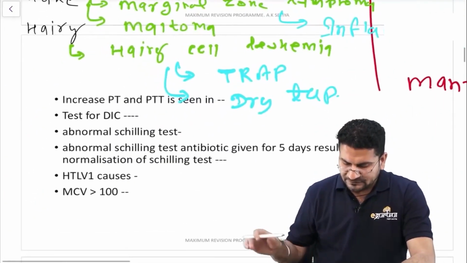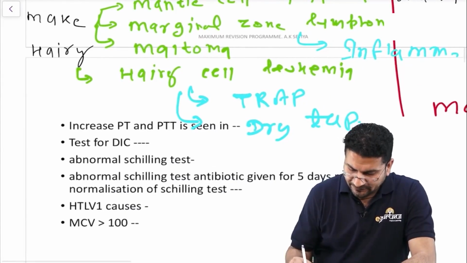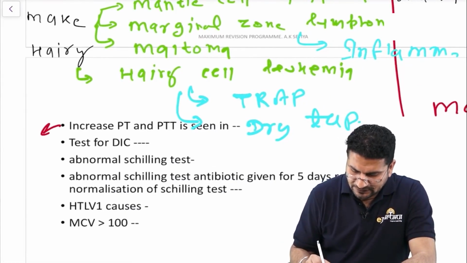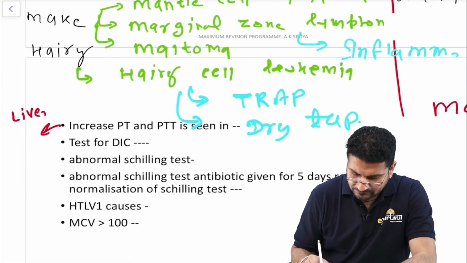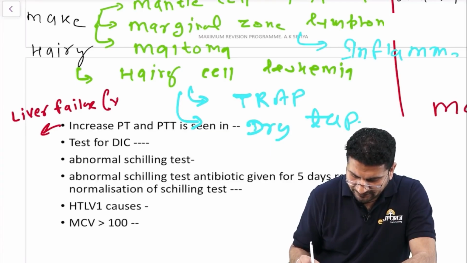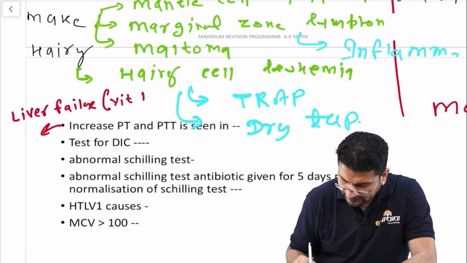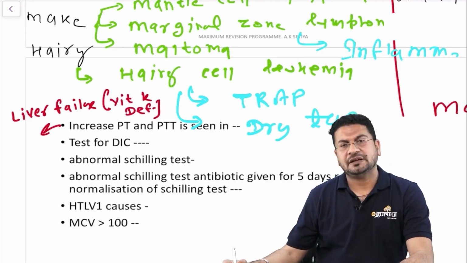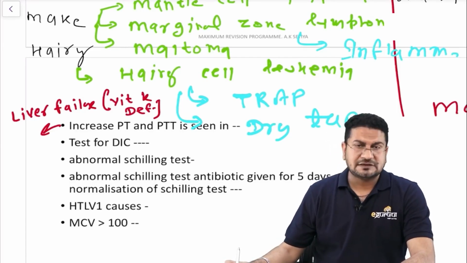Increased PT and PTT is seen where? Whenever there is liver failure or vitamin K deficiency. Both prothrombin time and partial thromboplastin time will increase.